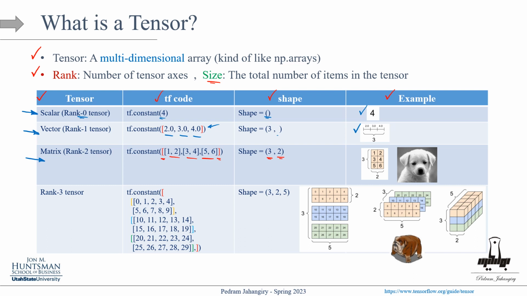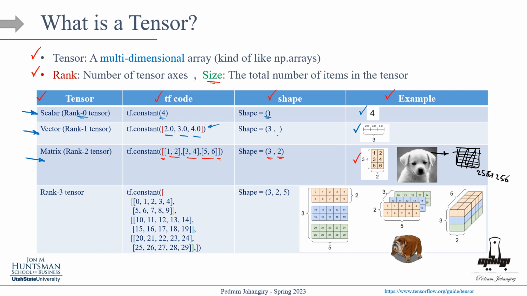I don't want to overcomplicate this. By the way, this is the way we're going to save grayscale images, because in grayscale images there's no RGB channel, no third dimension. So, for example, I can say this is a 256 by 256 pixel grayscale image, and I can save it as a matrix.